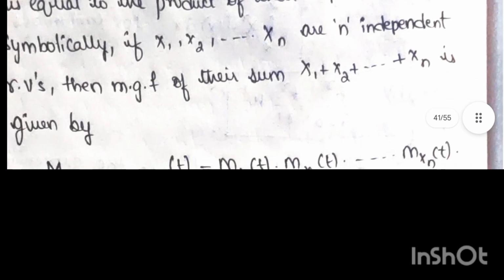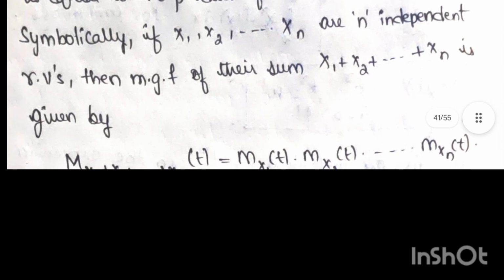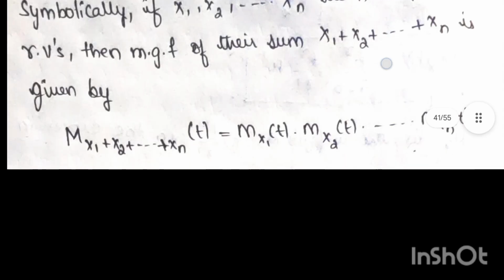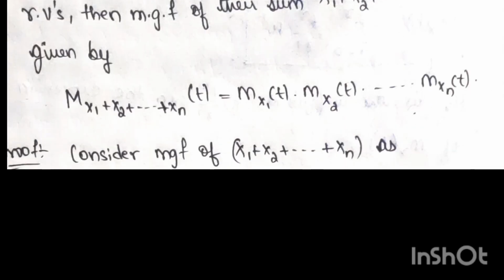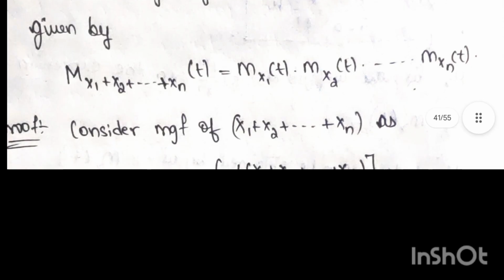Symbolically, if x1, x2, x3, and so on, xn are n independent random variables, then the MGF of their sum x1 plus x2 and so on plus xn is equal to Mx1 of t into Mx2 of t and so on, Mxn of t.